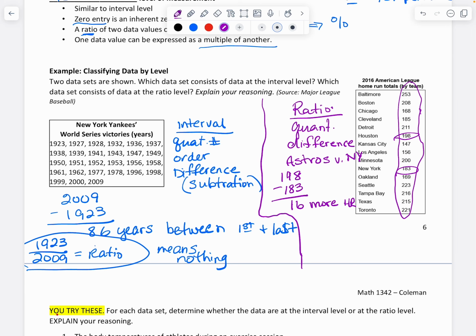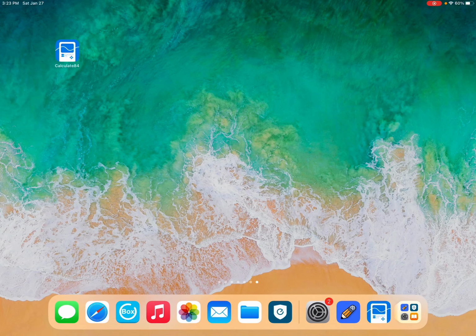And now for the ratio part. So this time, let's compare the Astros to LA with a ratio. So the Astros had 200 home runs. Oops, had 198. Wouldn't be 200. It's almost 200. So 198 divided by 156. And if we take a look at that number, that's going to have a meaning to us.